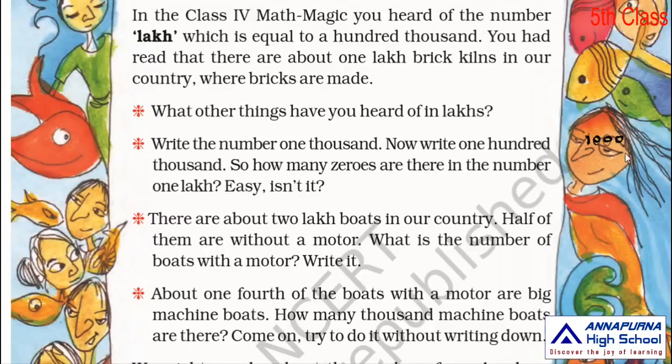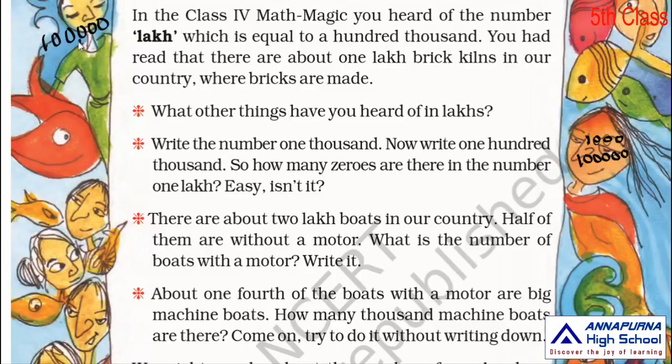You know how to write 100,000. So how many zeros are there in the number 1 lakh? What is the number for 1 lakh? So this is the number for 1 lakh.